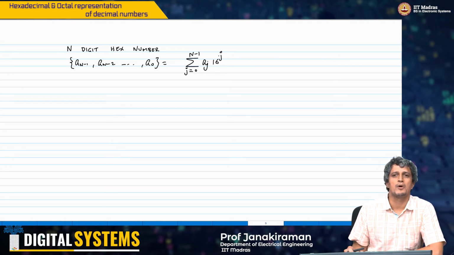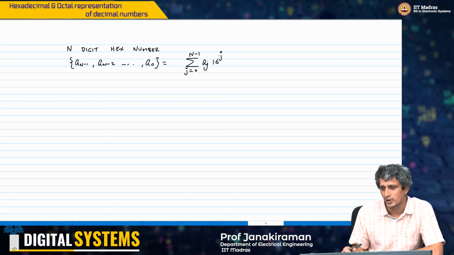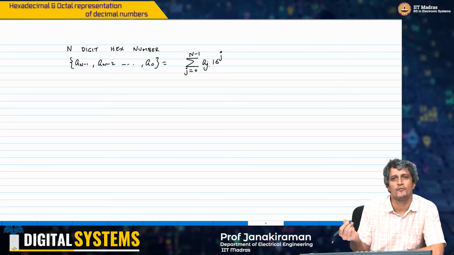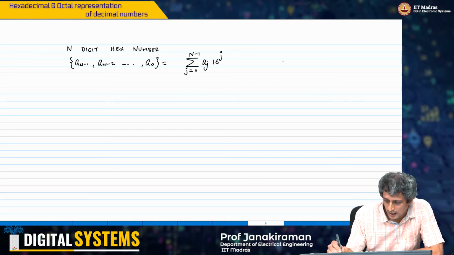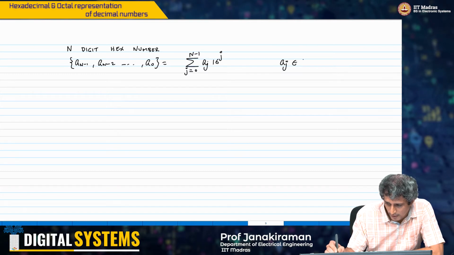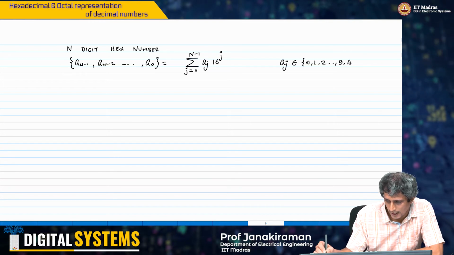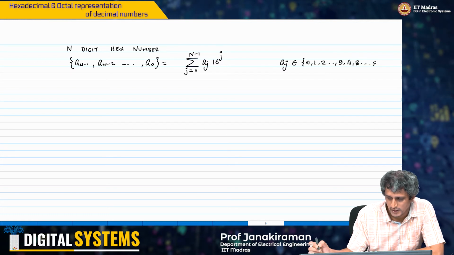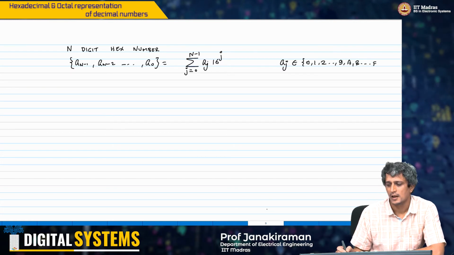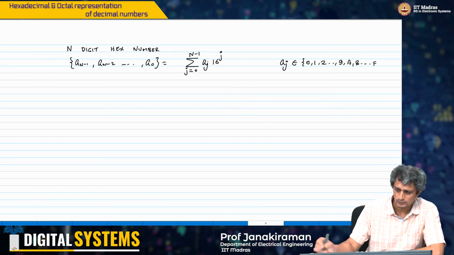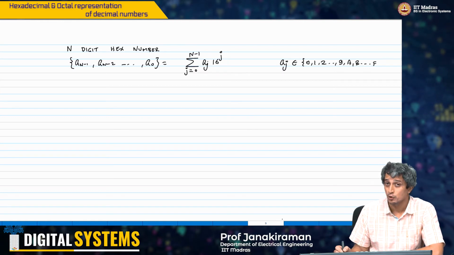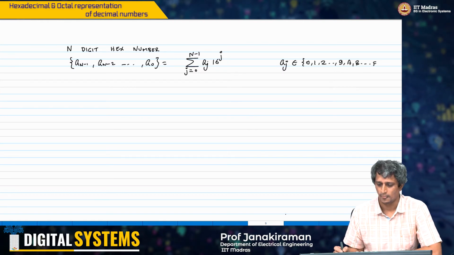So what is the maximum and minimum value that you can represent with this? Again, this is a sum of positive numbers, right? aj is an element of 0, 1, 2, up to 9, A, B, all the way to F, one of these 16 symbols, whose decimal values are 0 to 15, right?